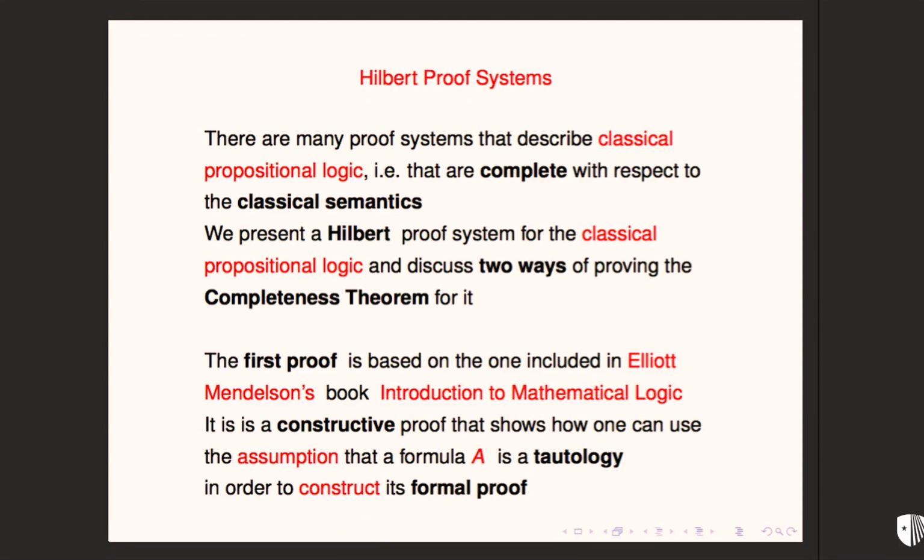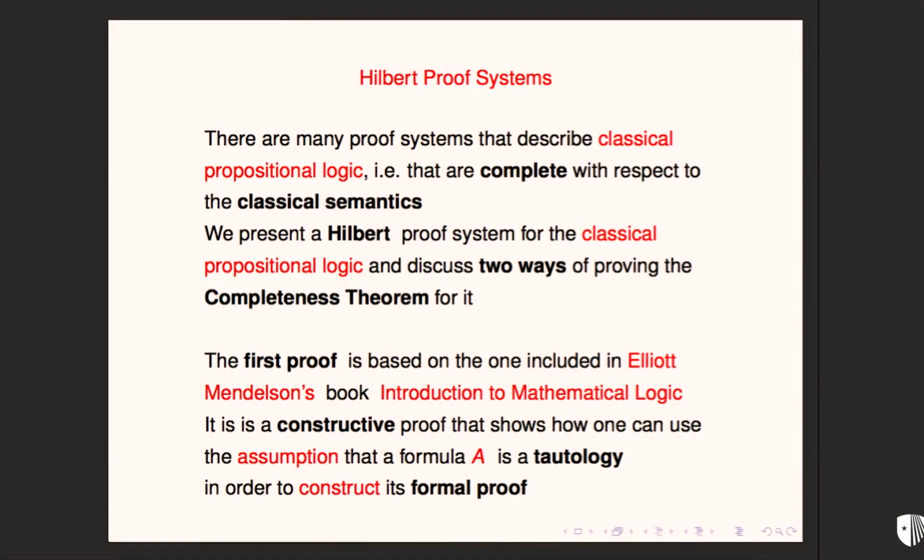And so we will do first the classical propositional logic and discuss how the techniques can be extended to predicate logic and to non-classical logic. The first proof is based on the one included in Elliott Mendelson's book, Introduction to Mathematical Logic.